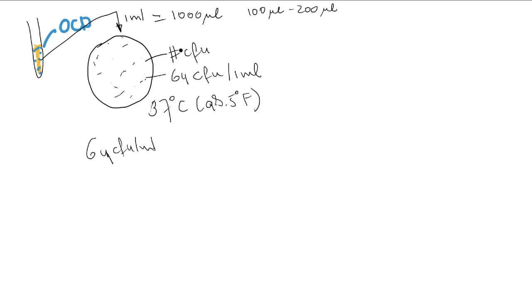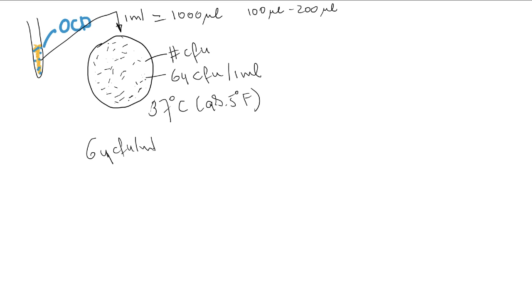So this method, although in theory it sounds practical because it gives us right away the number of colony forming units per milliliter, doesn't work out. A milliliter is too much liquid. The other problem is that with most dense cultures, you won't be able to see the individual colony forming units, because there will be literally tens of thousands of bacterial colonies all over this plate.